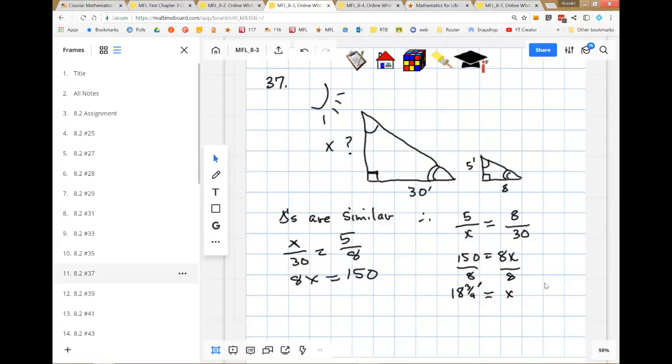I didn't realize it was just a proportion. This one took some thought, but because the sun is 93 million miles away, the angle has to be the same. So that's how that one gets finished up.